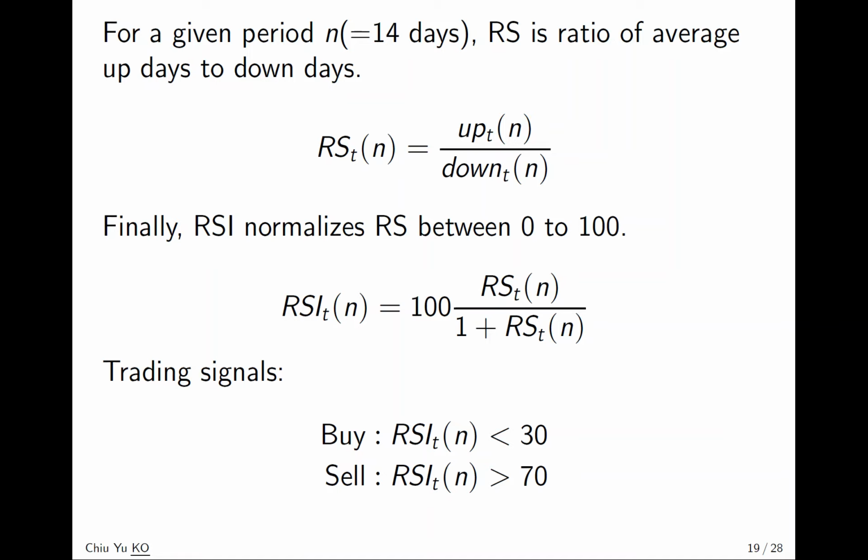So what is the trading signal based on RSI? It is rather different from the trending rule. The RSI suggests that if it's less than 30, you buy, and more than 70, you sell.